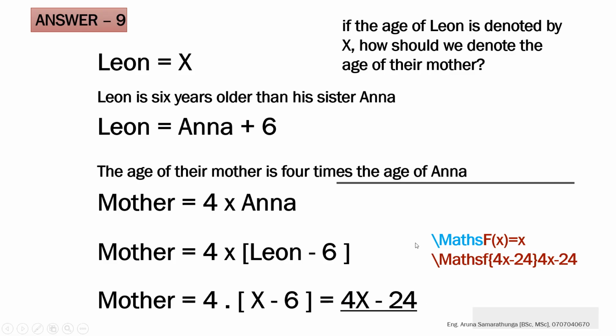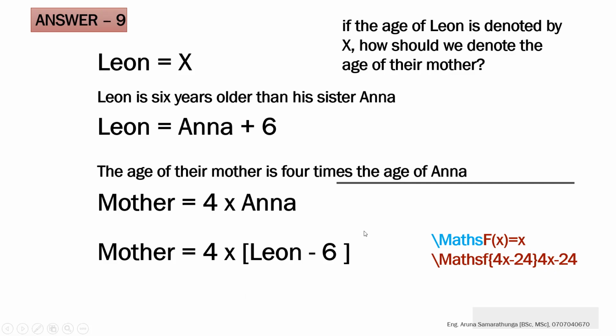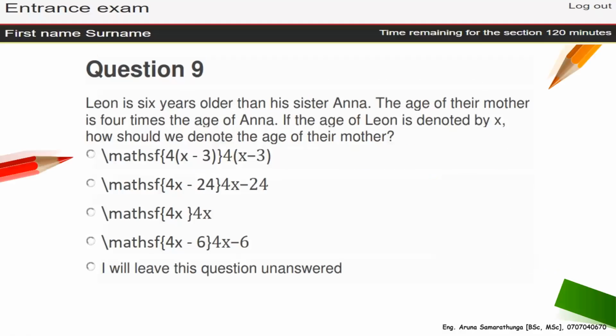So what happened here is this kind of notation. You put this x, remove the other x and put this one inside, so it becomes like that. So find that kind of notation in the question. Yeah, this is the one. This is the answer.